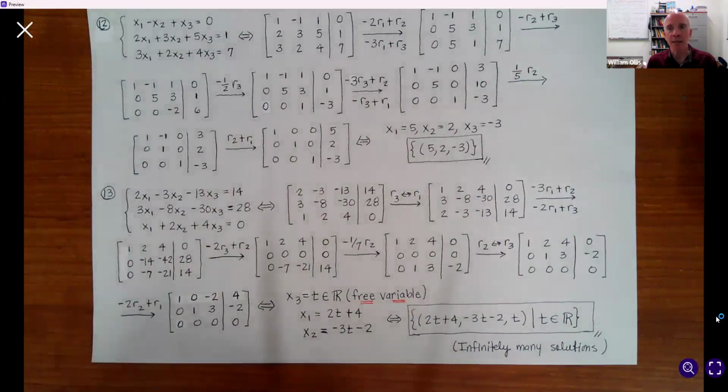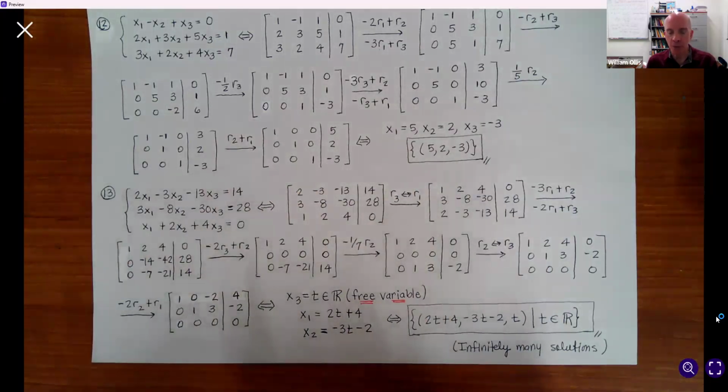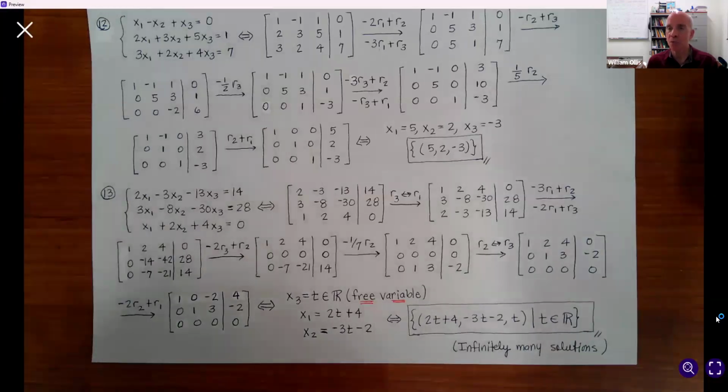So again, the key here is that the arithmetic is fairly simple. We got lots of practice with the arithmetic in the previous lecture, but what we want to do again in the process is just double and triple check the arithmetic to make sure we have accuracy. Simple mistakes are easy to make. We all make them.